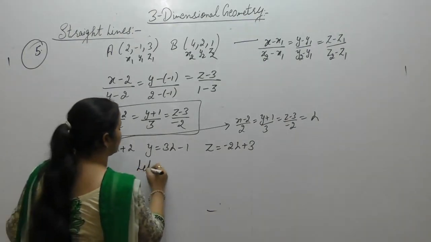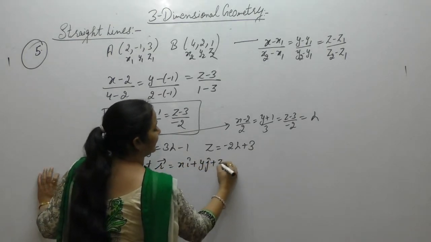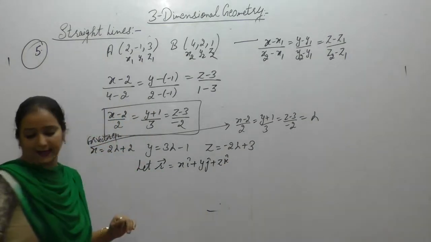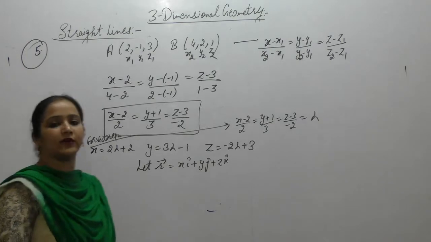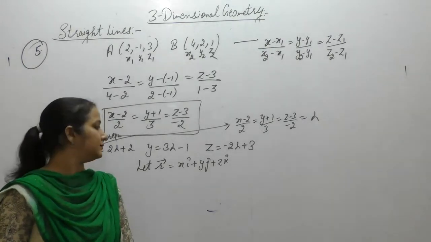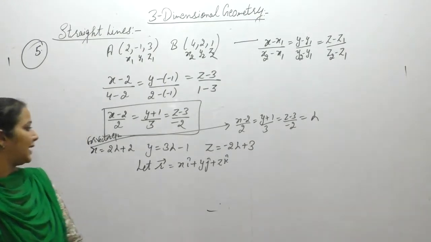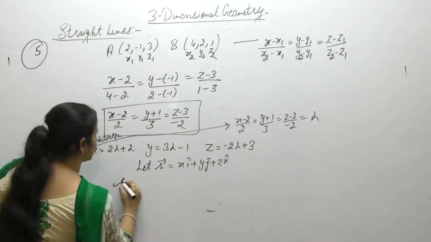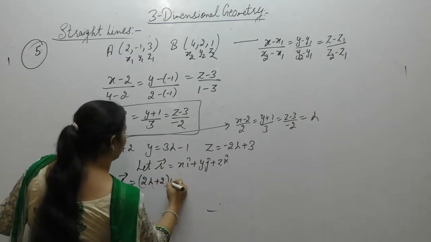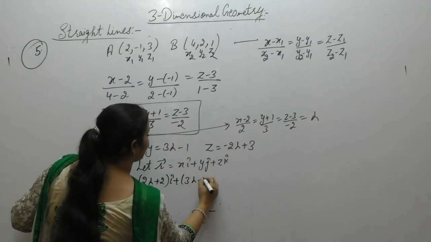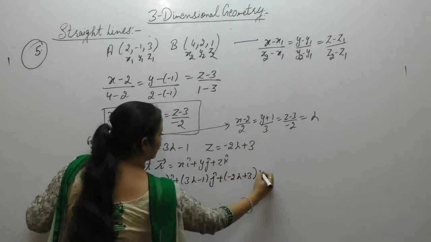Let r vector equal xi plus yj plus zk be the position vector of any point on the line. Then put the value of this. r vector is (2 lambda plus 2) i cap, (3 lambda minus 1) j cap, (minus 2 lambda plus 3) k cap.